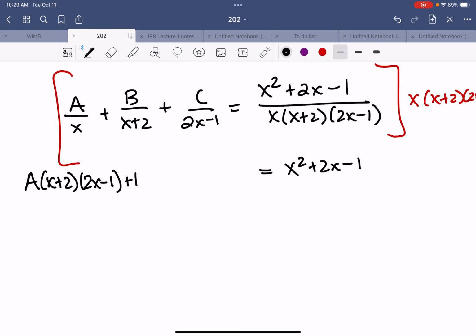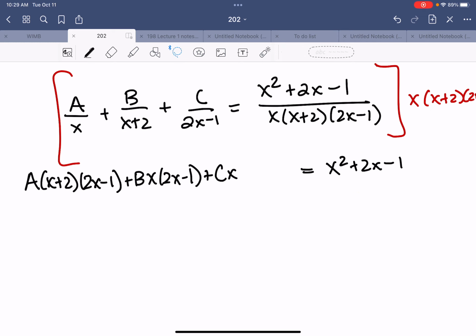Then with the B term, the X plus 2 cancels, and I get X times 2X minus 1. And with C, the 2X minus 1 cancels, and we get X plus 2 times X.